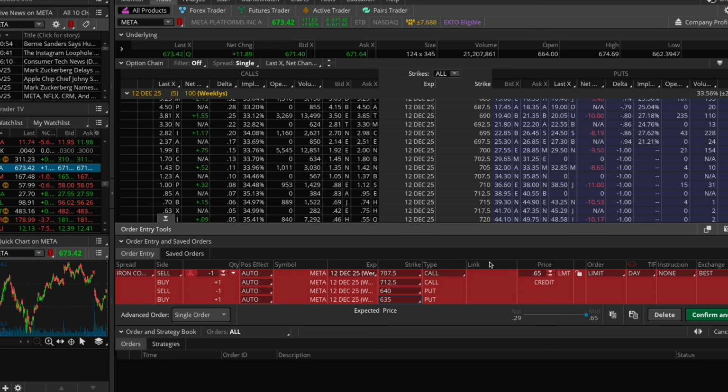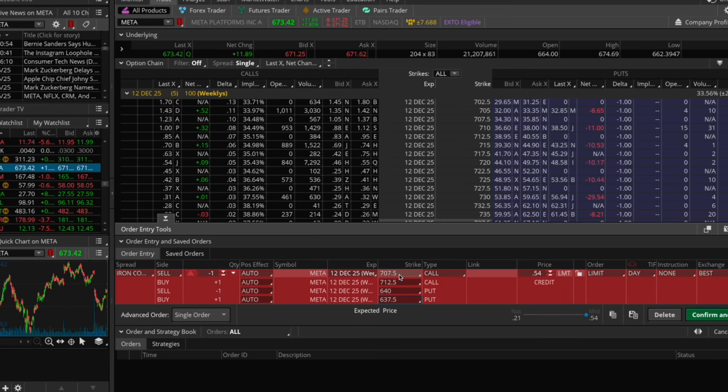Now let's give you another example. Let's say if you didn't want to risk $500 per trade, you only want to risk $250 per trade. So what you would do in that case is, if you wanted to still stay with the 10 delta, you would be selling a 640 put and you would be buying a 637.50 put. And if you did the same thing on the call side, you would be selling a 707.50 call and buying a 710 call.